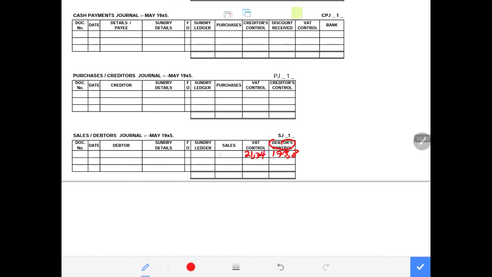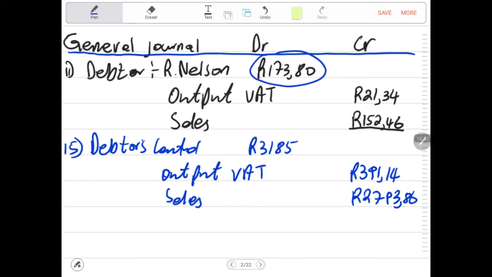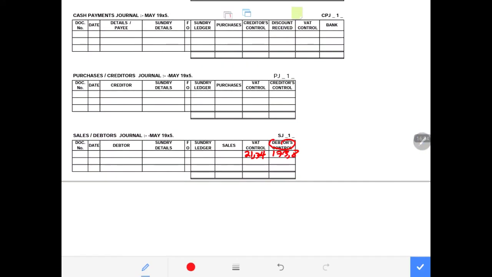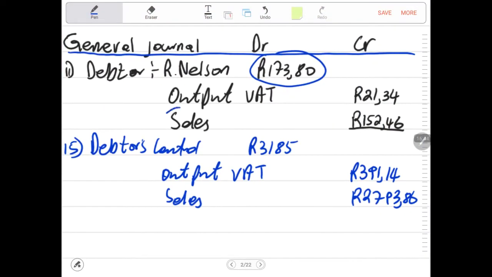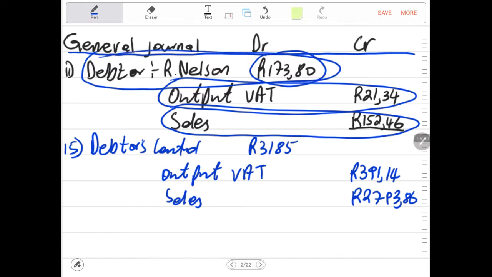Then the amount of sales was 152.46, so this will be 152.46. This is how you record. This is the column for sales, and in that column we have the account for sales. Output VAT we record under the VAT column, and under the debtors control column we record this amount.